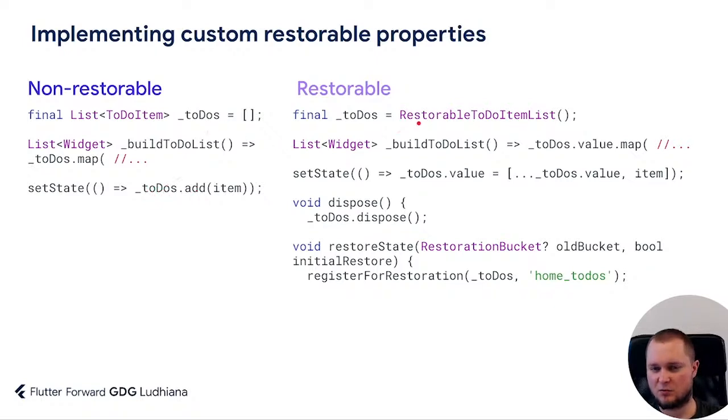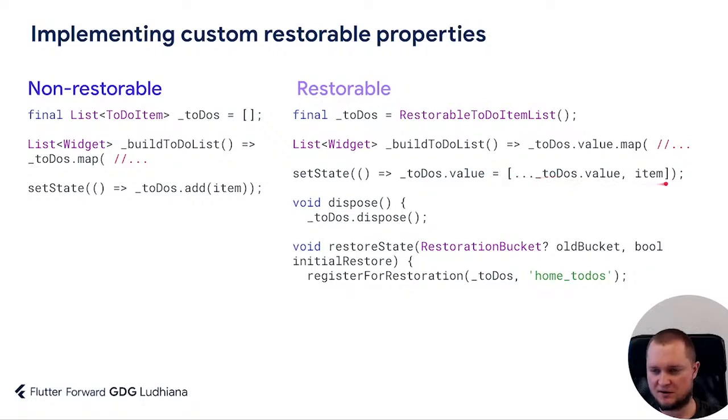In case of a restorable item list, we need to change the type. And as I said before, this restorable to-do item list is not a subtype of list, so we need to extract the value from it. We need to dispose and register for restoration as well.